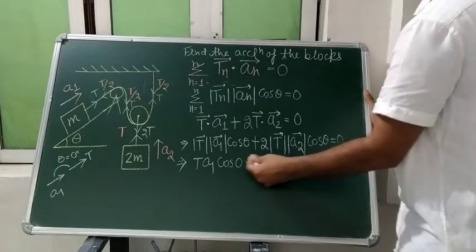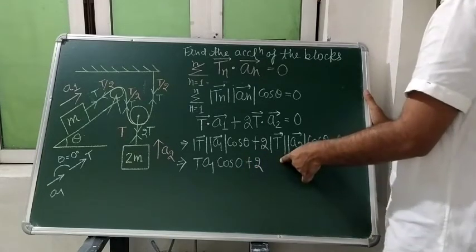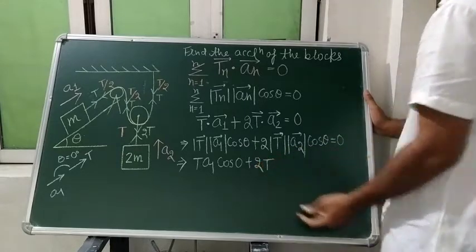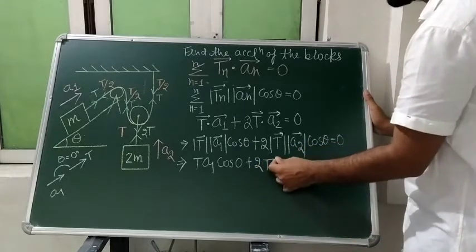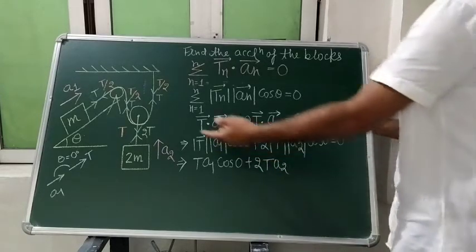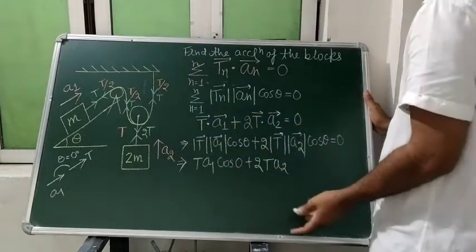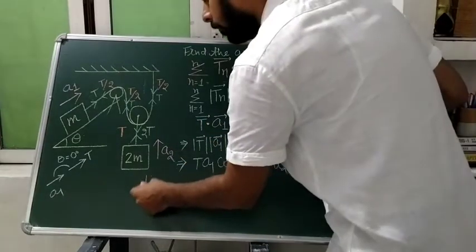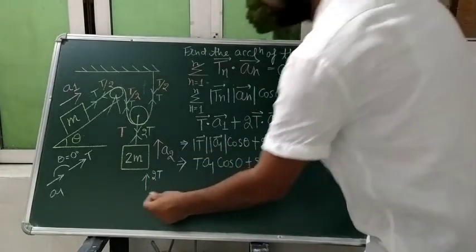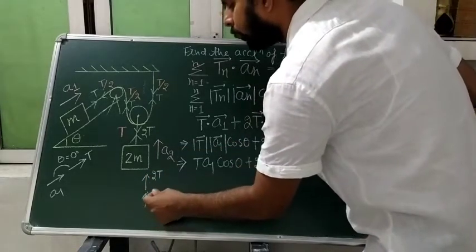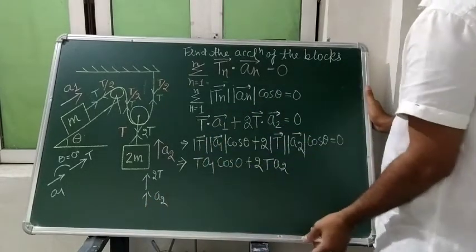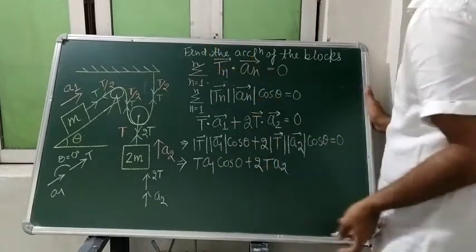Plus twice of, suppose the magnitude of this tension vector is T and the magnitude of this acceleration vector is A2, times cos theta. When you look at this block of mass 2m, this 2T is acting upside and A2 also you have assumed upside. You can assume that downside as well. What is the benefit of selecting the same direction? I have told you.